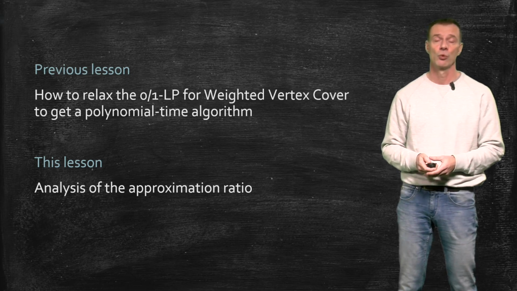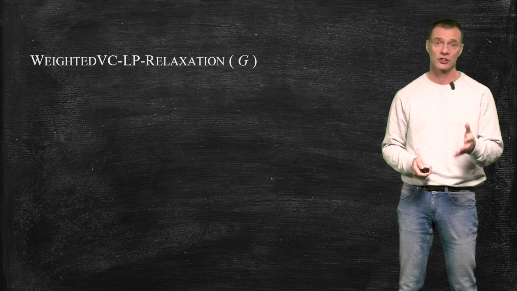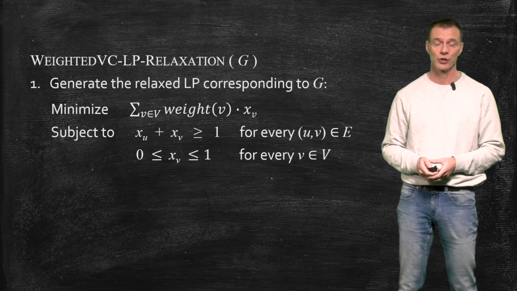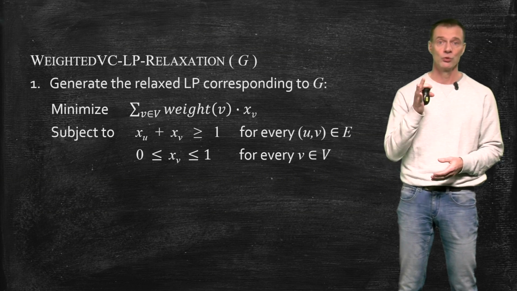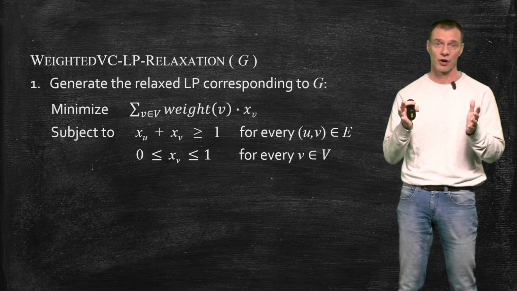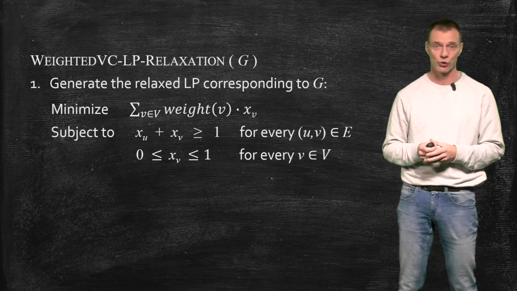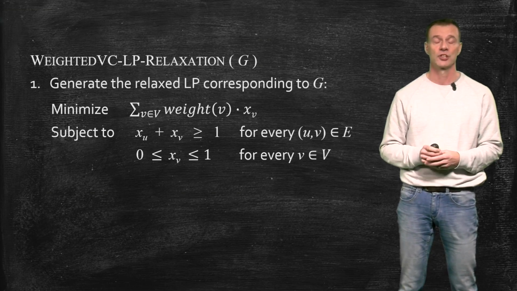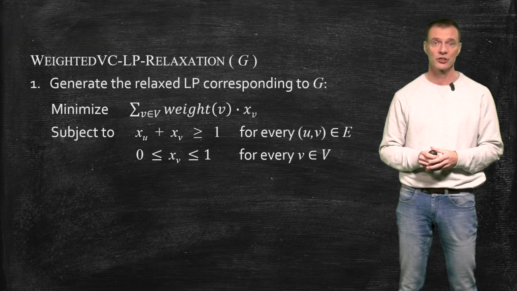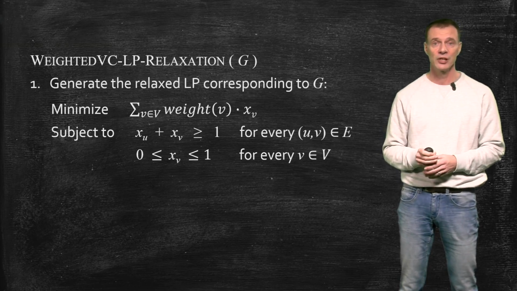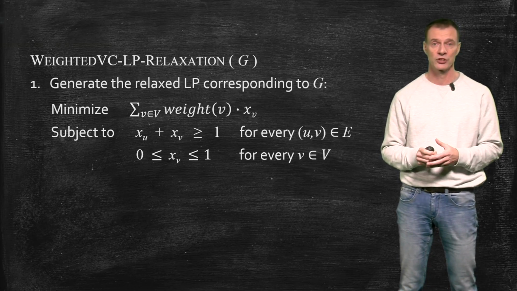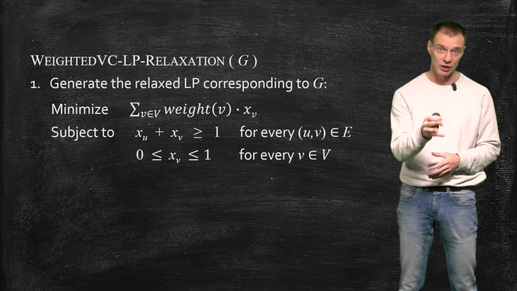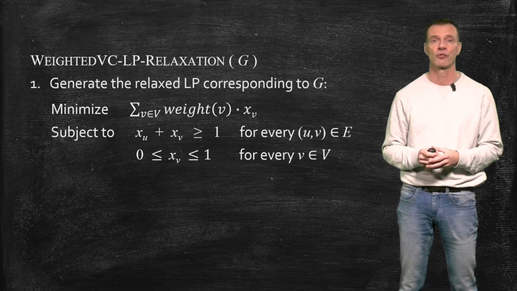In this lesson, we're going to look at the approximation ratio of this algorithm. So let's again briefly review the algorithm. Here you see the LP. What we want to minimize is the sum over all vertices in the cover of the weight of that vertex times its variable xv, and the constraints are, for every edge uv, xv plus xu is at least 1, guaranteeing that we put at least one vertex into the cover.